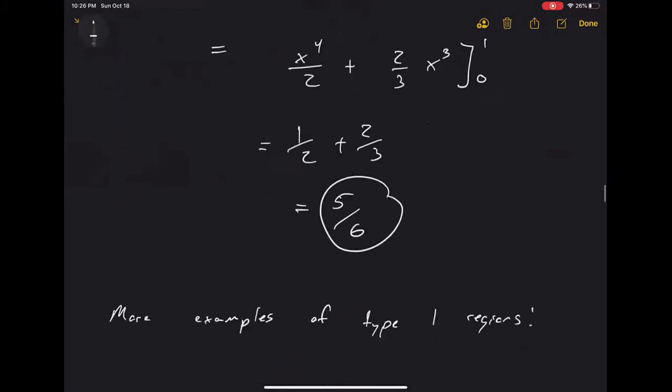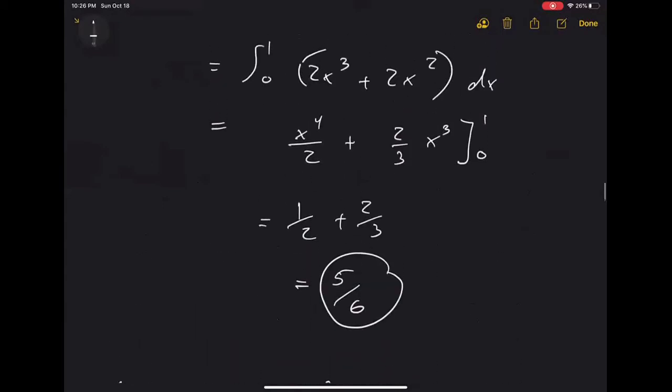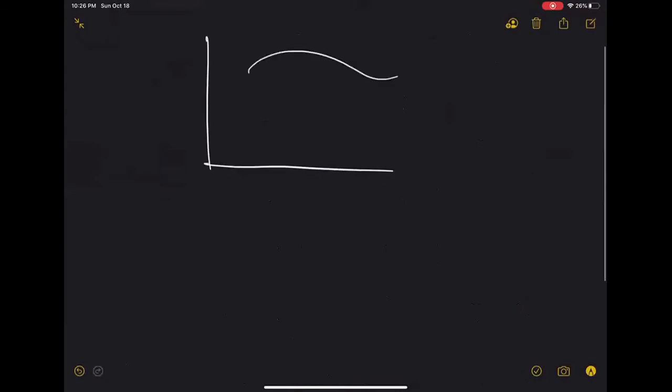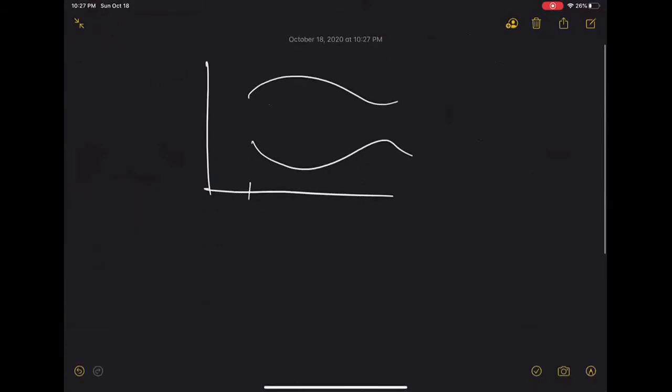Now there are going to be more examples of these type 1 integrals, but first I just want to hammer home what we're doing here. I have a domain, and the domain has these boundaries, where the y coordinate is bounded by these two functions of x.